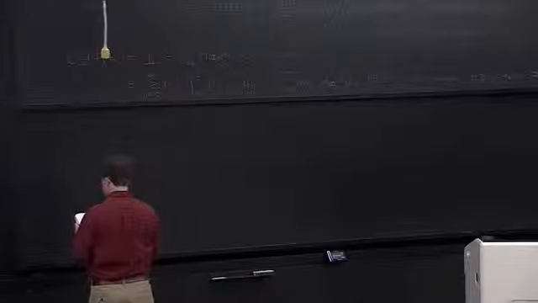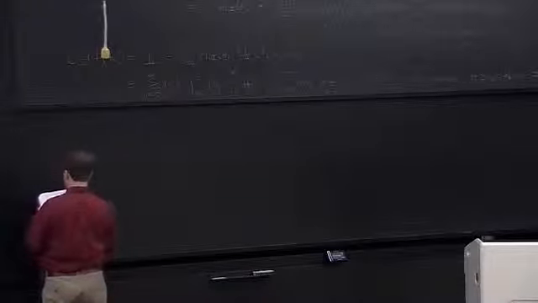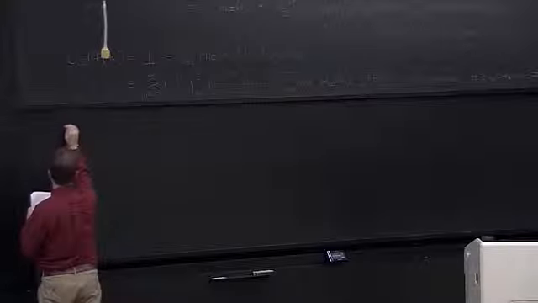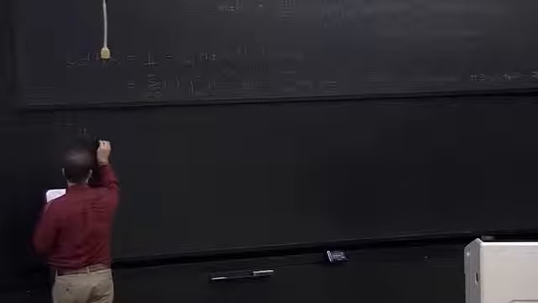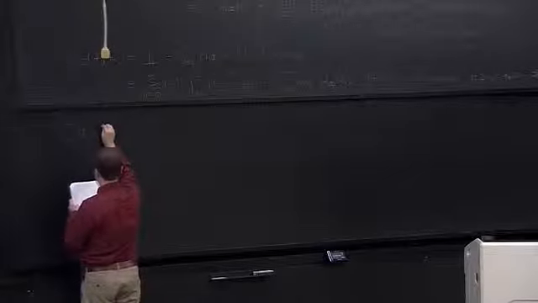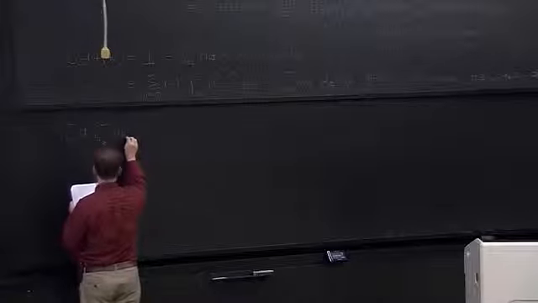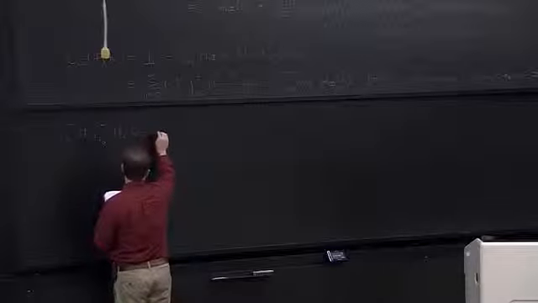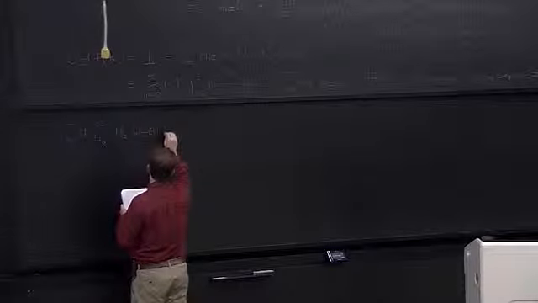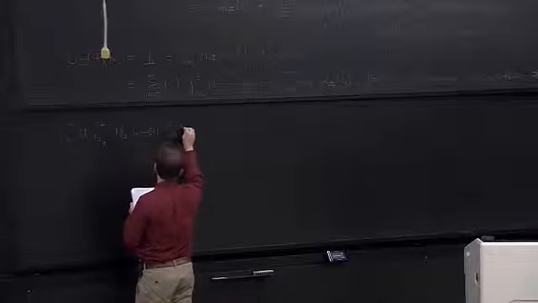term in this series. And the first interesting term is the second order term, which is just the integral from T naught to T, dT1, integral from T naught to T1, dT2, HI of T1, HI of T2.